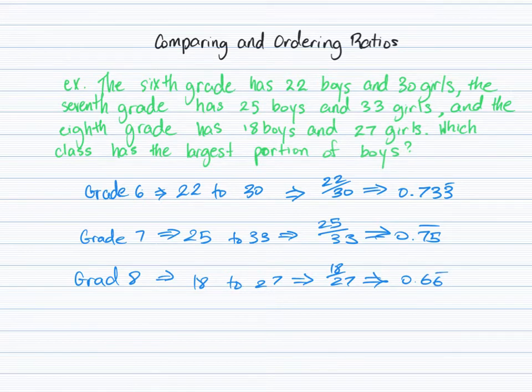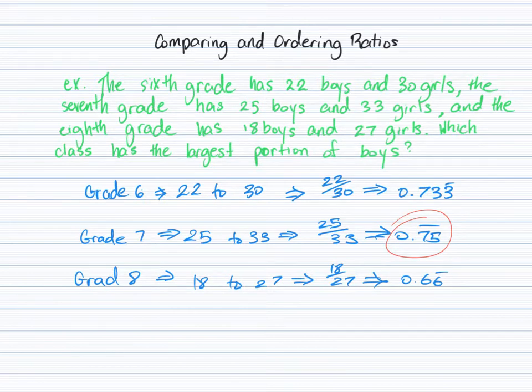All right, so now we can see that our highest number here is in fact grade 7. They do have the highest proportion of boys, but not by very much, because in grade 6 it's very close, but they do.